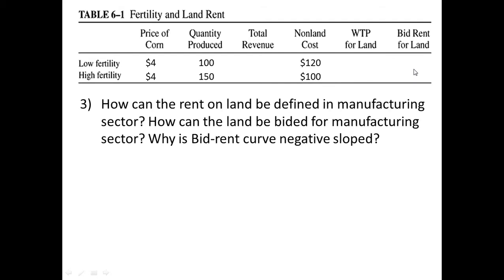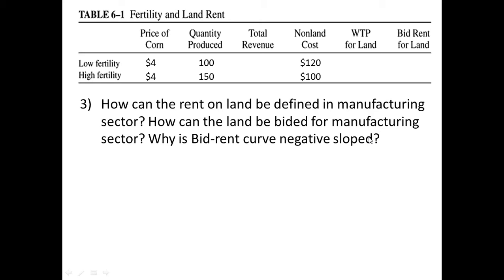Question number 3. You have 3 question marks as well: 1, 2, and 3. Look at this one. How can the rent on land be defined in the manufacturing sector?